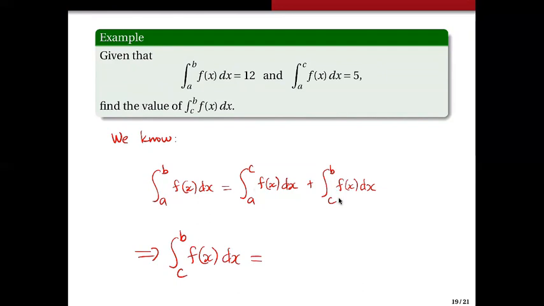Therefore, the right-hand side will be the integral of f of x dx from a to b minus the integral of f of x dx from a to c. But this guy here is equal to 12 minus this guy here, which is equal to 5. So this is just equal to 7.